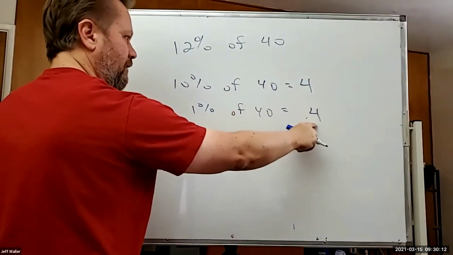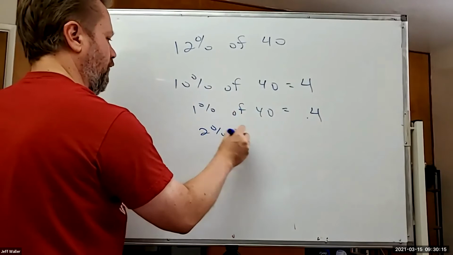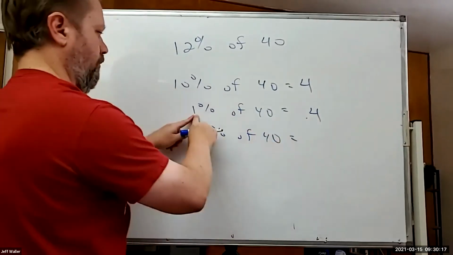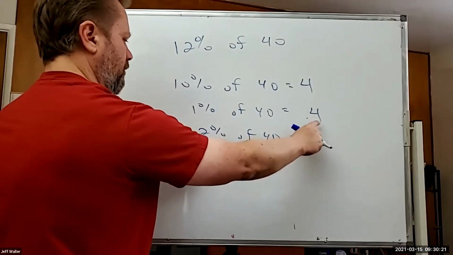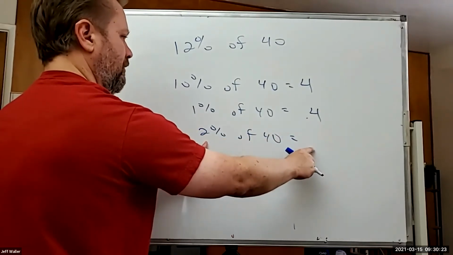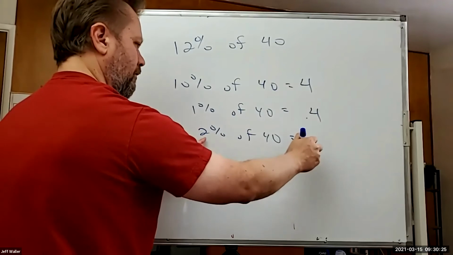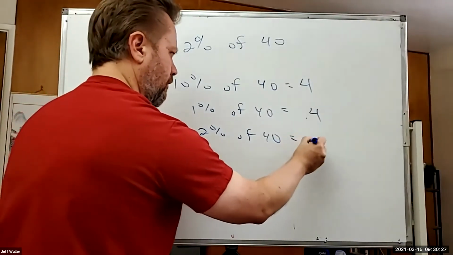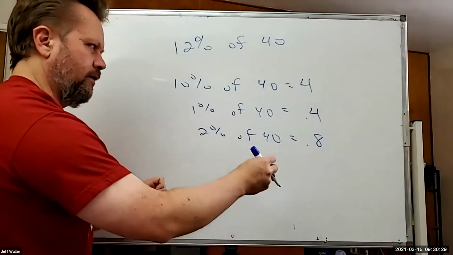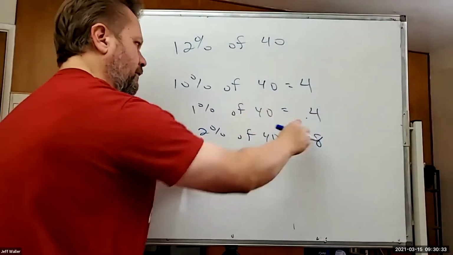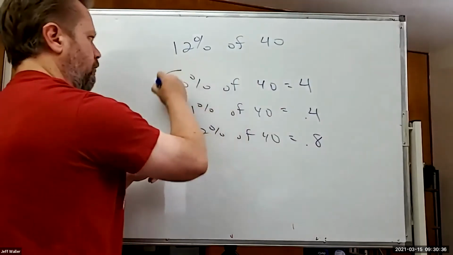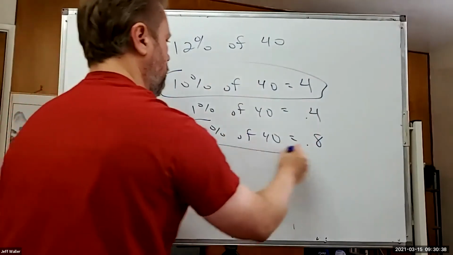Divided by 10 again. So what's 2% of 40? If 1% is 0.4, 2% is twice that, so it's 0.8.